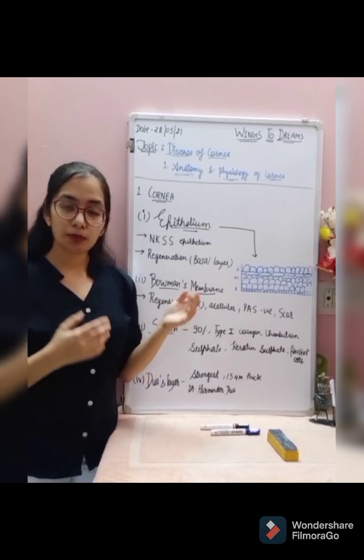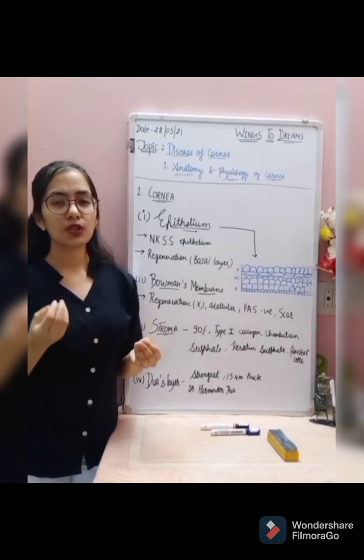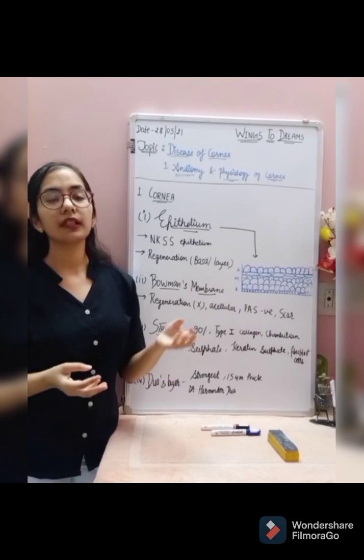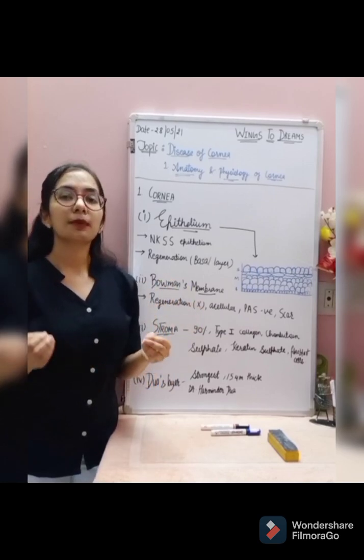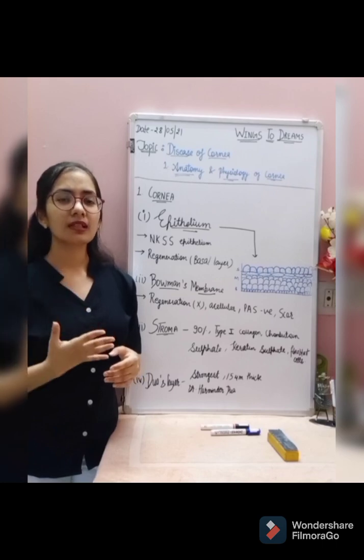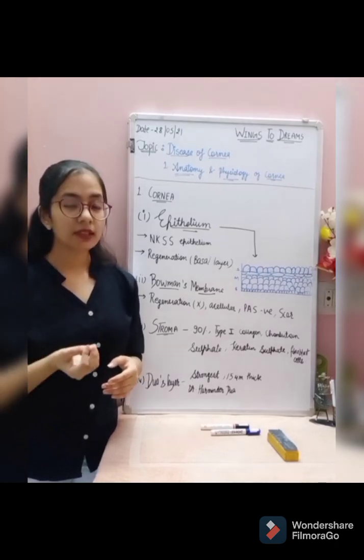So nebular opacity, the first one, will leave vision most intact, because in leukomatous everything is opaque, but in the case of faint opacity, the person also feels pain, irritation, and discomfort. So mostly nebular opacity will present with discomfort.